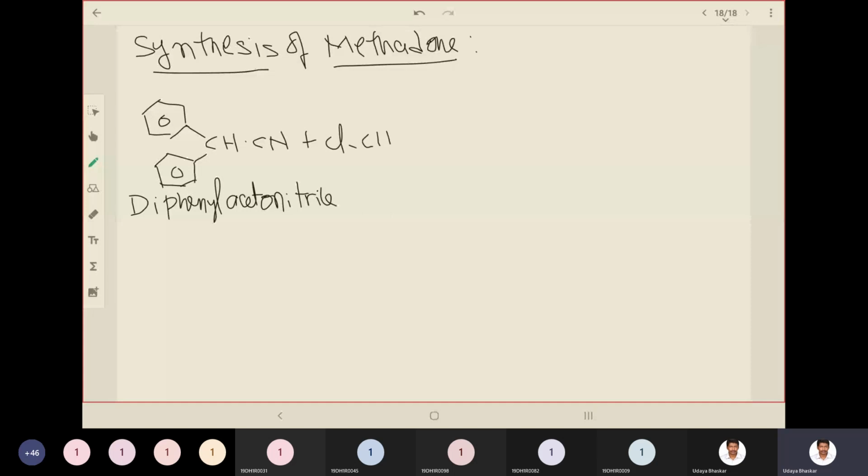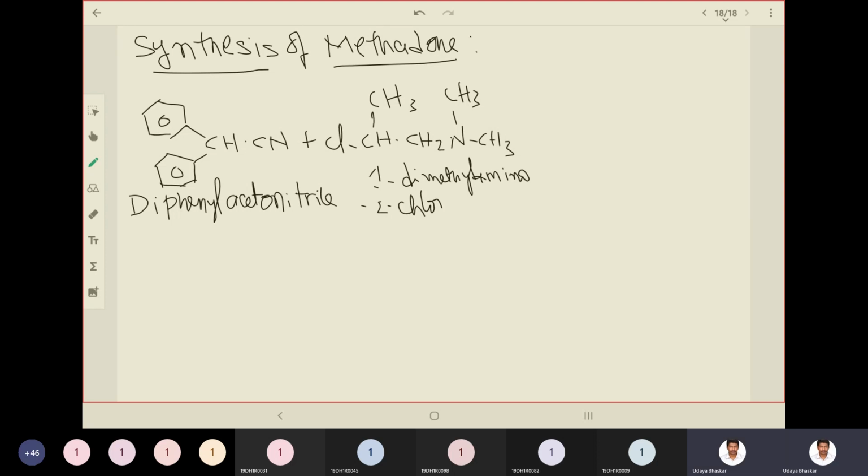Can you guess which part of the molecule it is making? The propionyl side chain at the end. So this is 1-dimethylamino 2-chloropropane.